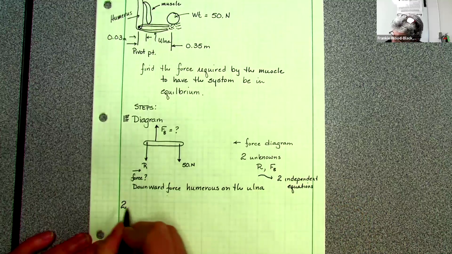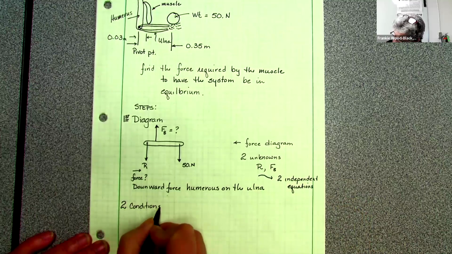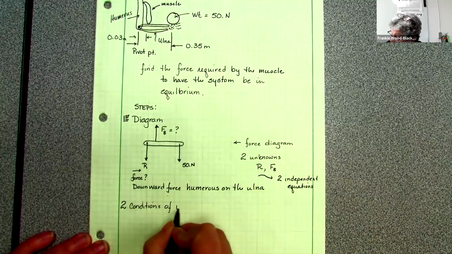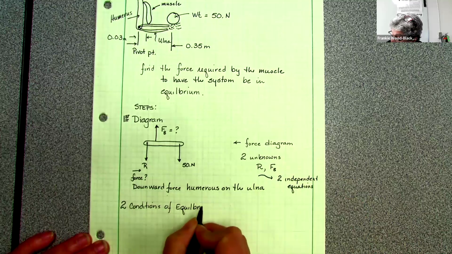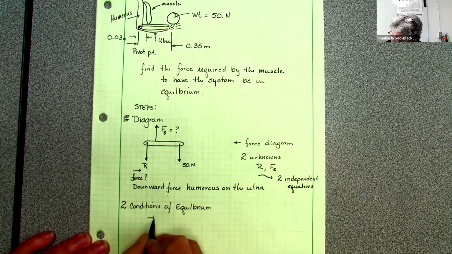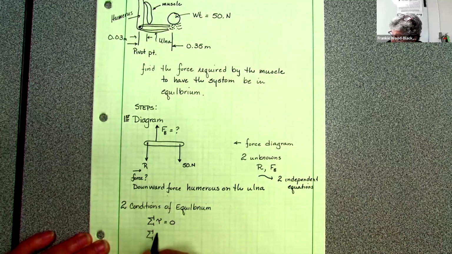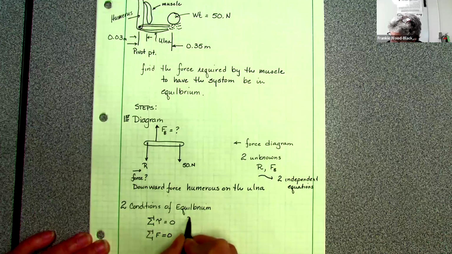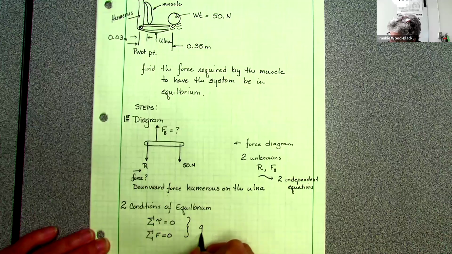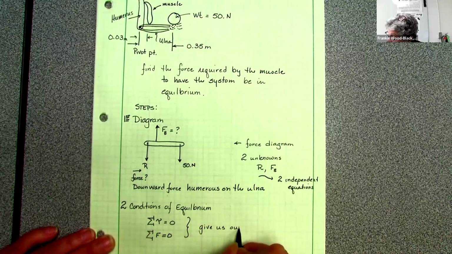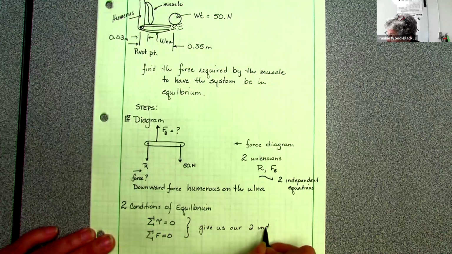I have two conditions of equilibrium. One is that the sum of my torques has to equal 0, and that the sum of my forces has to equal 0. So these are going to give us our two independent equations.